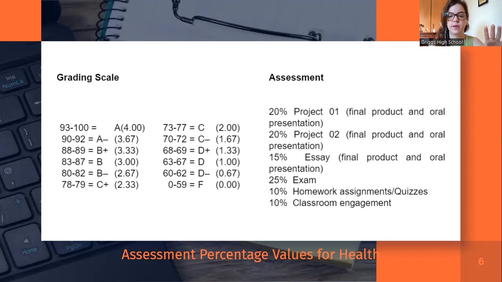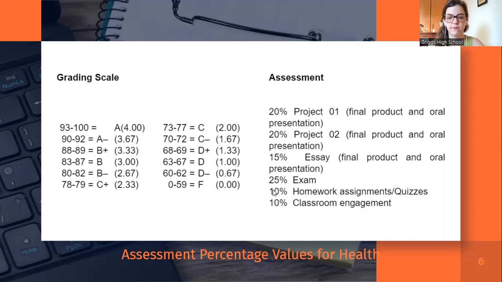Let's say you want to grade quizzes, and quizzes alone are going to be worth 5% of the grade. So let's say every class or every week you do a quiz, and at the end they are worth 5% of the grade. It's 5% inside this 10%, okay? Classroom engagement, you consider group participation, individual participation, participation in the projects, in the games, and everything.